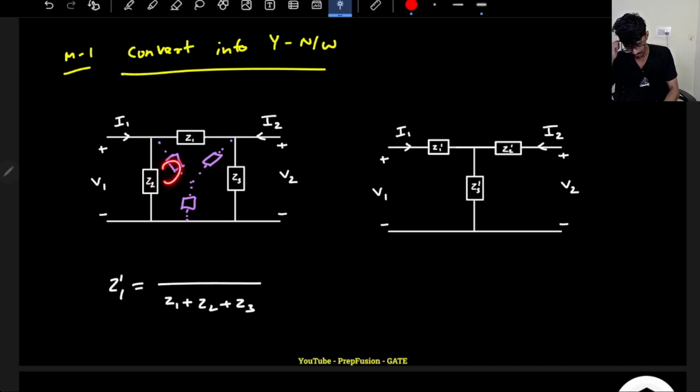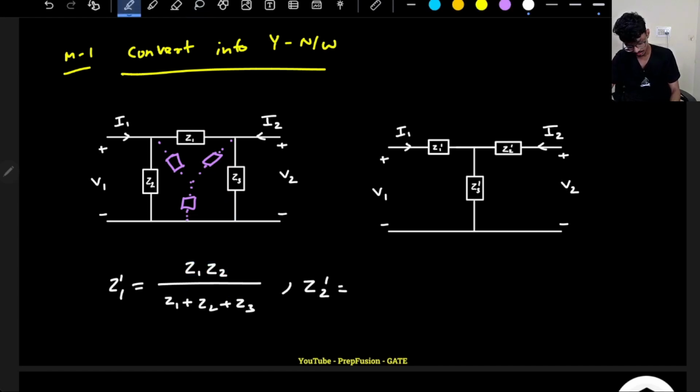So it will be z1 plus z2 plus z3, and at the top the adjacent impedances. For this one, these two are the adjacent ones, so it is z1 into z2, and this will be z2 dash. z2 dash will be this one, which has the adjacent impedances z1 into z3, over z1 plus z2 plus z3.